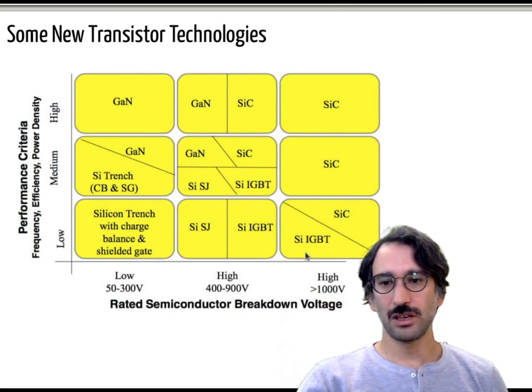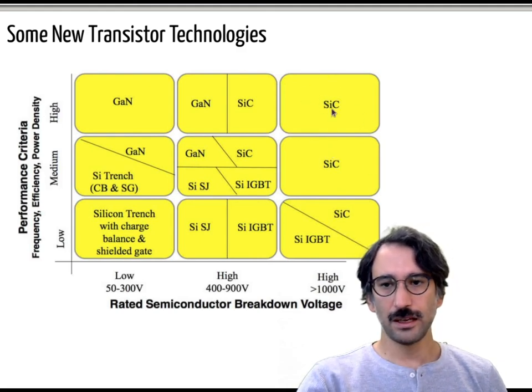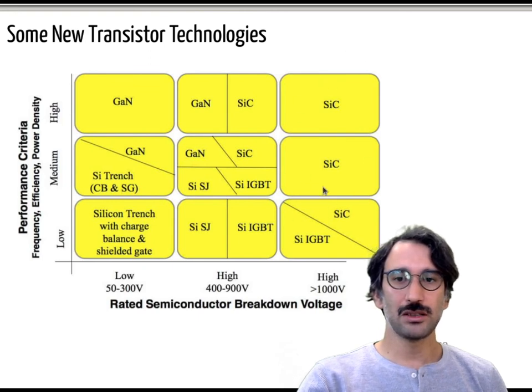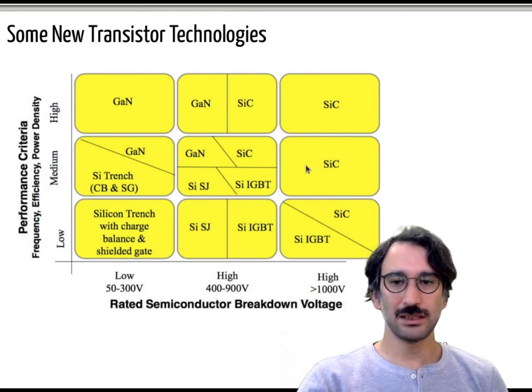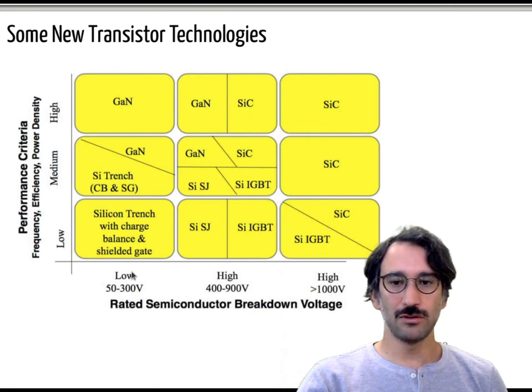And if you are working at high voltages, and efficiency is important but cost is not that important a factor, maybe you can use silicon carbide devices. And again, GaN is mainly used for lower voltages and high performance applications.